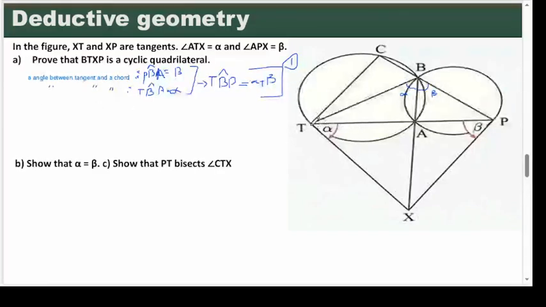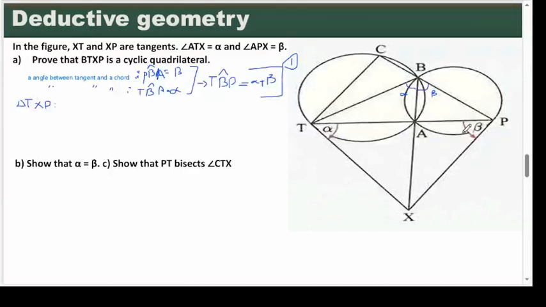For step two, I consider the triangle TXP. In triangle TXP, we know the sum of the interior angles of any triangle adds up to 180.